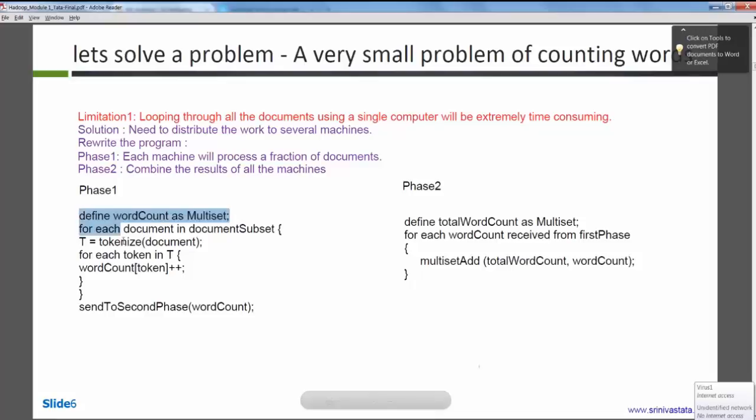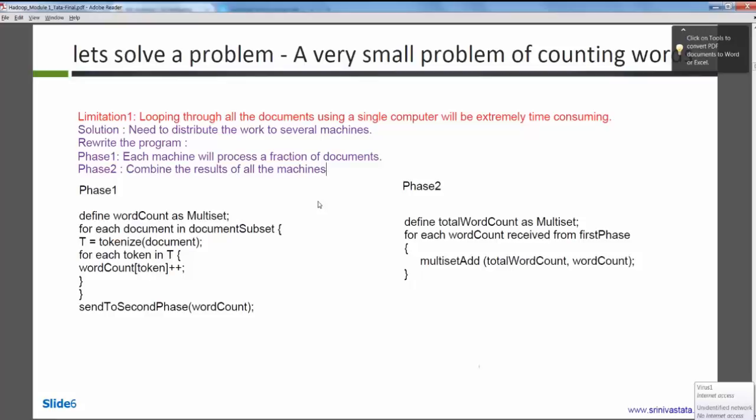The first phase will remain the same, and in the second phase you need to add what are all the outputs given by all the 10 computers. Do you agree with me? Yes. So in phase 1, each machine will process a fraction of the documents, and in phase 2 combine the results of all the machines. Awesome.